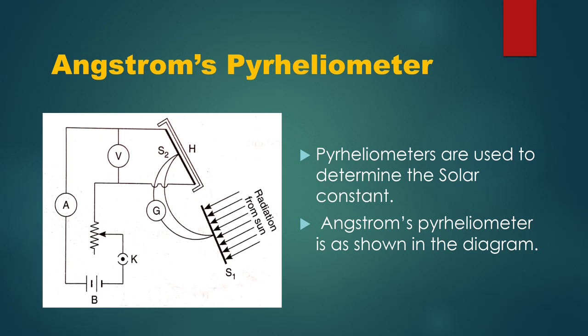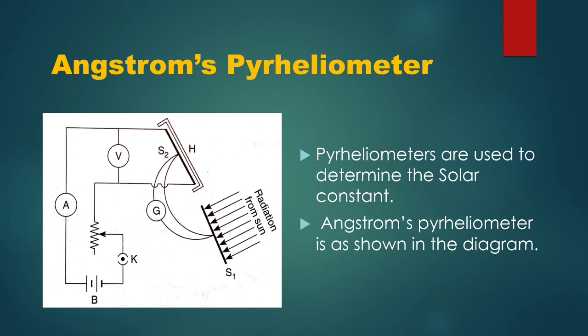Here S1 and S2 are two very thin similar strips. These strips are made of platinum or constantan. Platinum is a metal, constantan is an alloy which is a combination of copper and nickel.